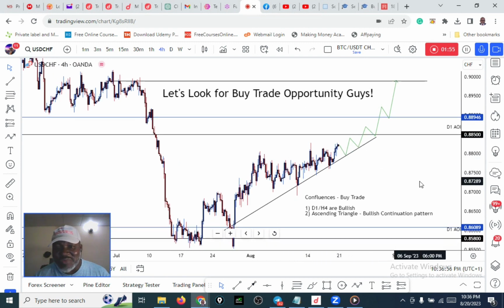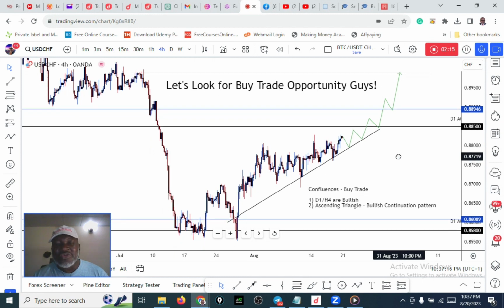I don't want to waste too much time on it. Another thing you can look out for is maybe RSI divergence confirmation, or a break and retest of structure, which we have mentioned here. So our directional bias in this trade is a buy. We've taken a decision, and so we're going to cross our fingers and monitor this chart and see what the market is going to do in the coming days, guys.